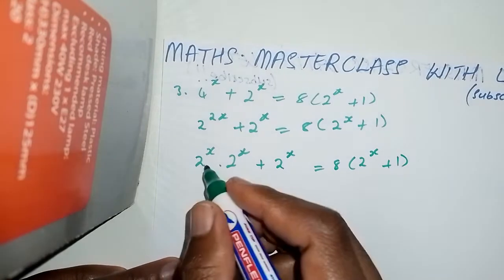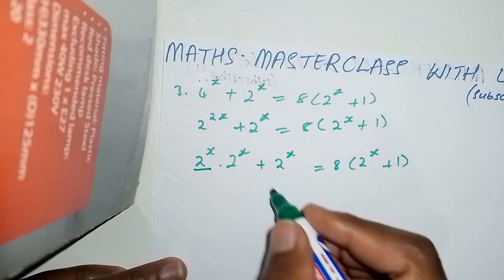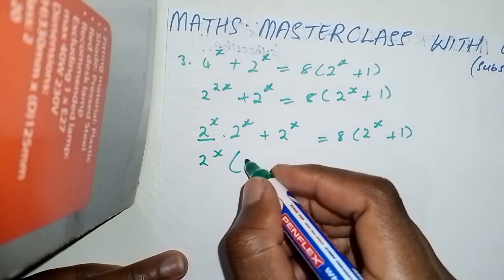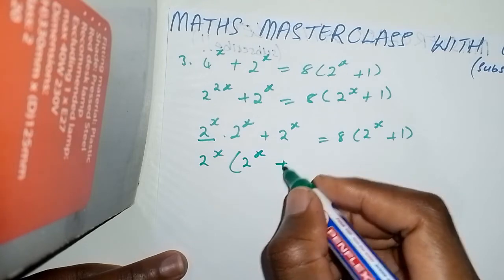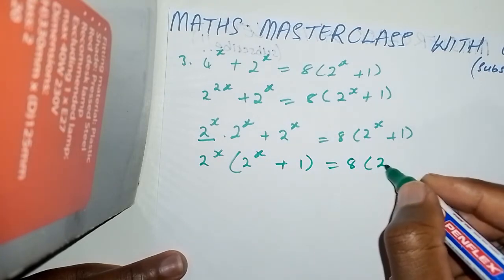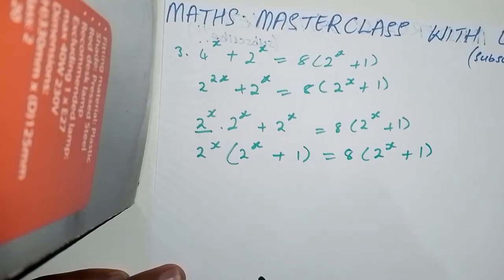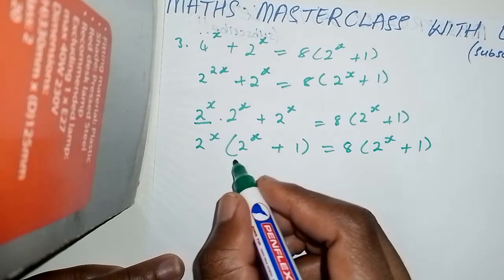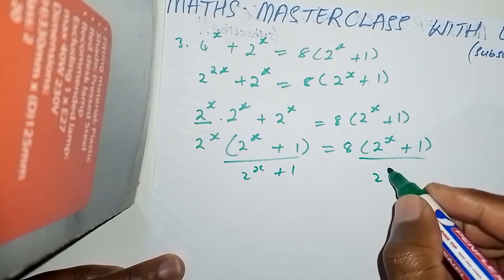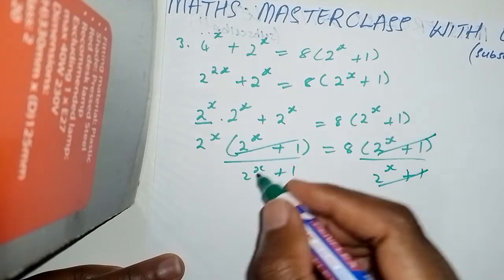Then I can take out the common factor: 2 to the power x is a common factor. I'll be left with 2 to the power x plus 1, which equals 8 into 2 to the power x plus 1. Simple mathematics. Then divide by 2 to the power x plus 1 on both sides, and they cancel.